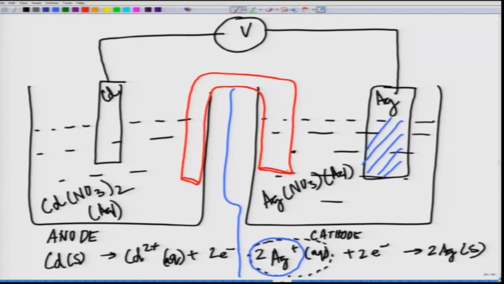Now, this salt bridge is a very interesting concept.